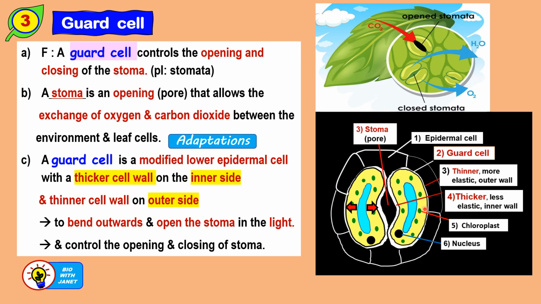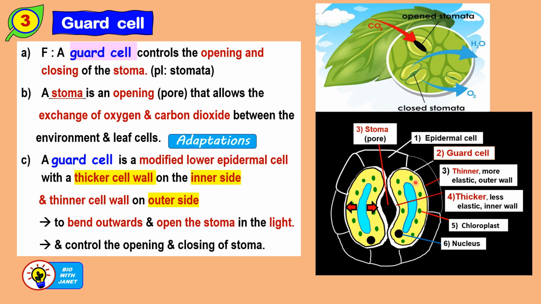How does it happen? First of all, in sunlight, the chloroplasts carry out photosynthesis, and a lot of glucose is produced. So the concentration of glucose and other dissolved substances increases inside the guard cells. This will cause water to diffuse into the cells by osmosis.